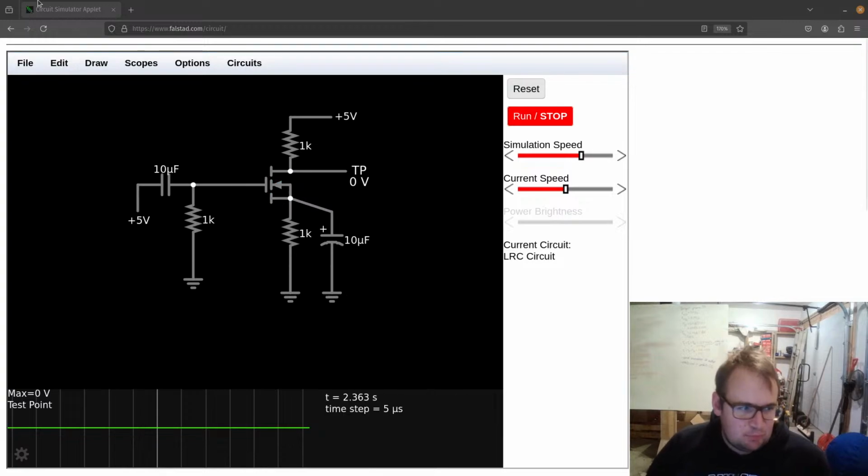I'm not sure if that's important or not yet, but possibly it is. When we apply this 5 volts here and this capacitor charges up, eventually it will let this flow in here. Eventually we'll charge up this capacitor as well, and there will only be 5 volts here.